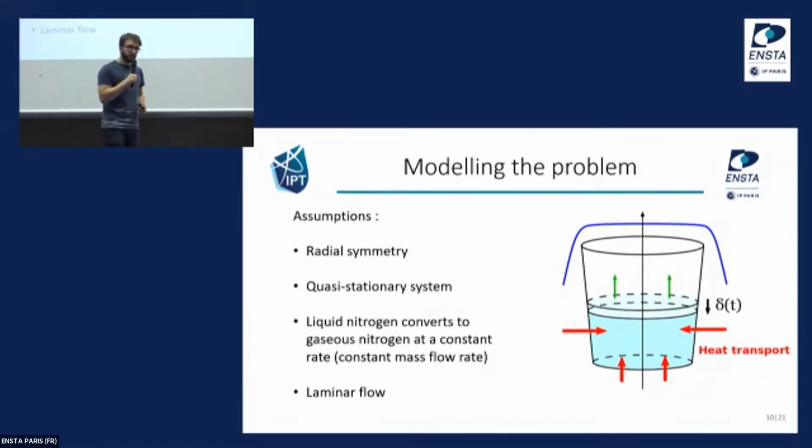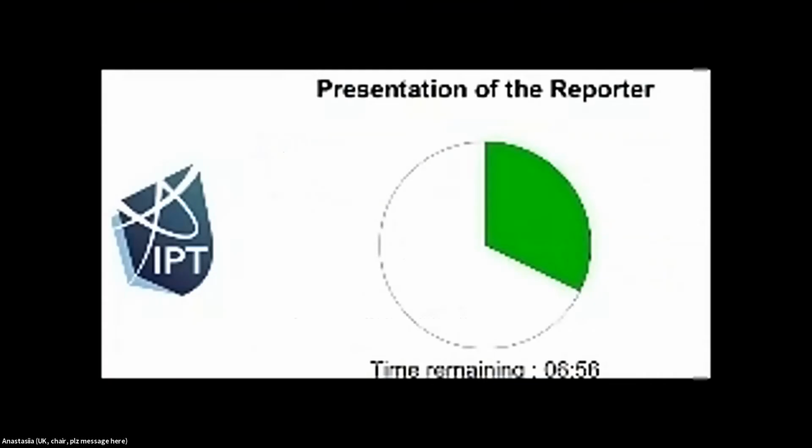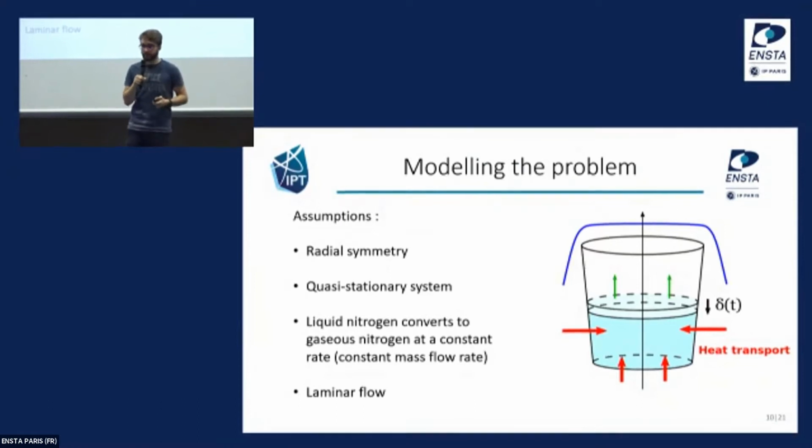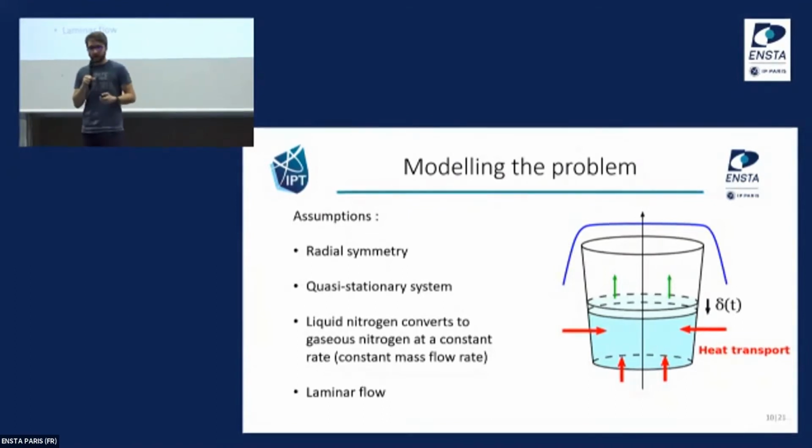We assume a few hypotheses for the sake of the experiment. So for instance, radial symmetry, we consider that the amount of heat being transferred into the liquid is small enough for us to consider that this is a quasi-stationary system.